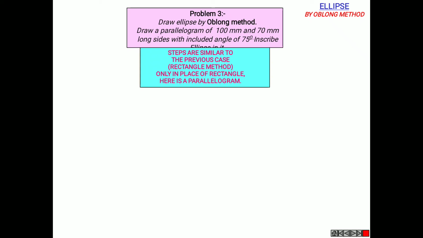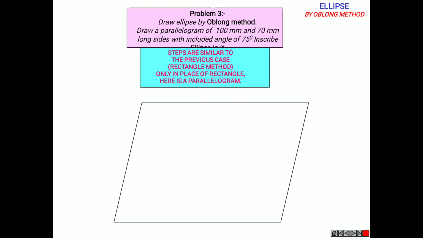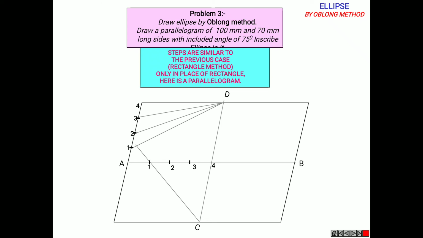See it again. A parallelogram, so major axis AB, minor axis CD, left top 4 equal parts, 2 vertical line, similarly to horizontal line 4 equal parts, join D21, D22, D23, and same C1 extend to D1, C2 extend to D2, C3 extend to D3, and mark the intersections.